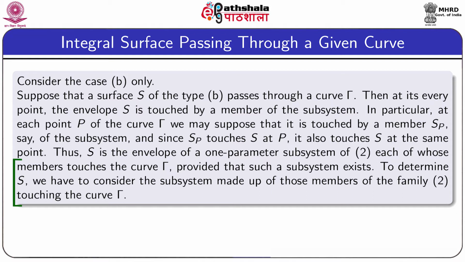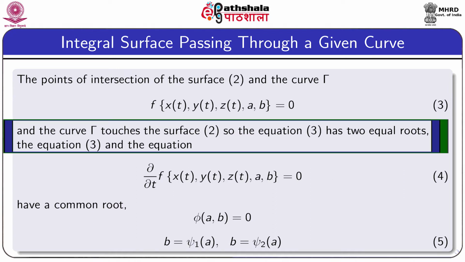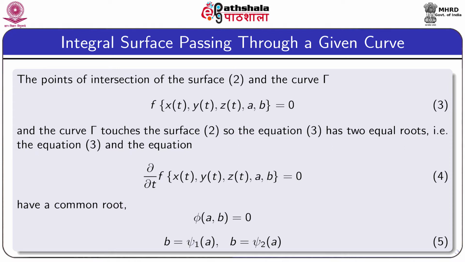Now, to determine S, we have to consider the subsystem made up of those members of the family 2 touching the curve gamma. At the point of intersection of the surface 2 and the curve gamma, f(x(t), y(t), z(t), a, b) equals 0, and since the curve gamma touches the surface 2, the equation has two equal roots.